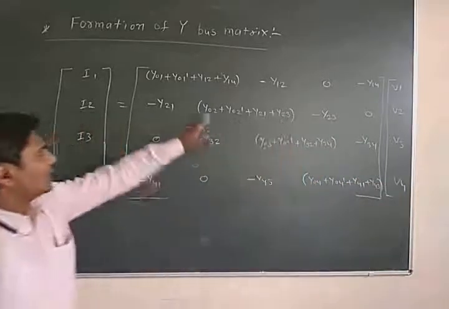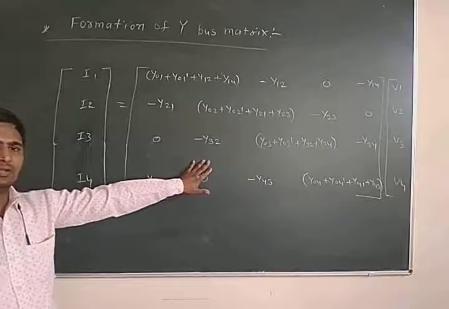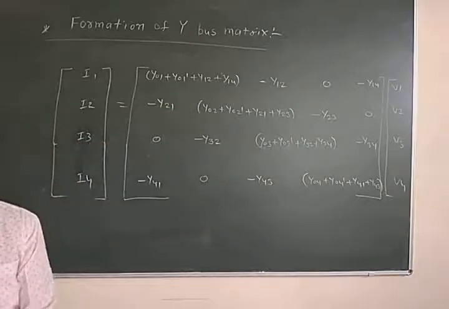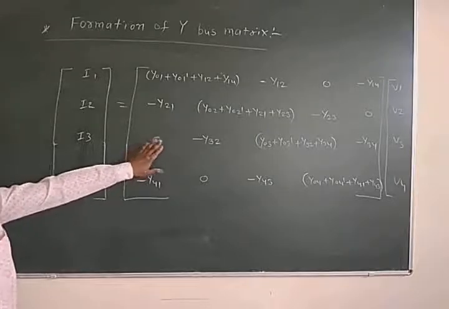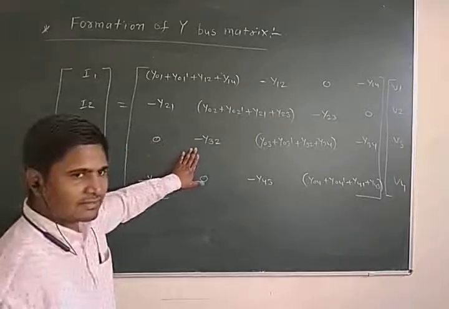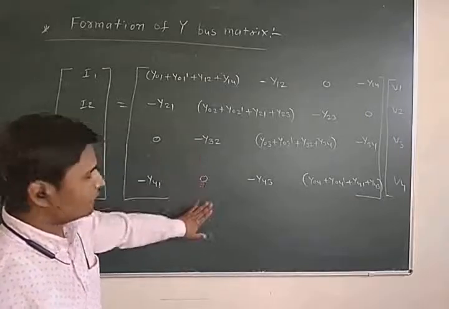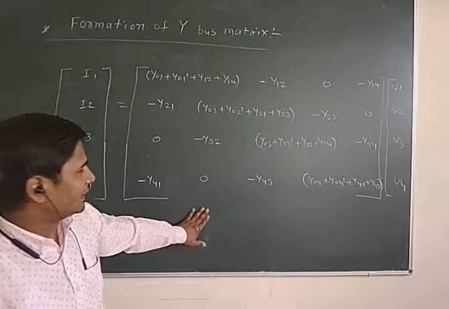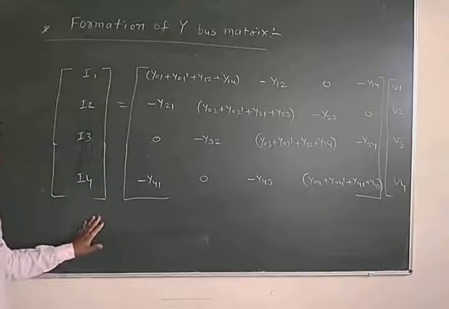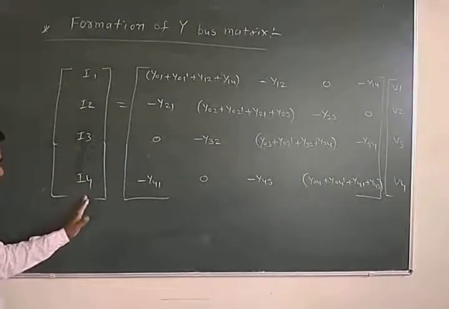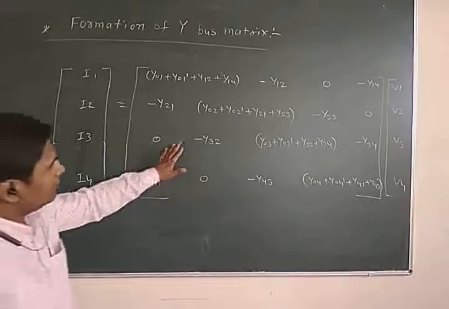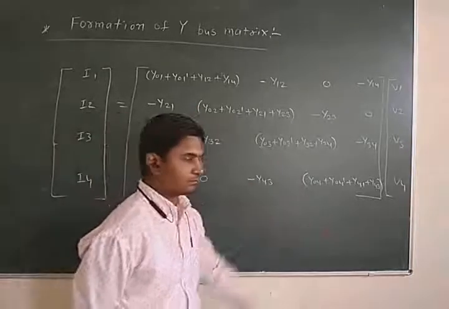So this is the admittance matrix for a 4-bus power system. This matrix is obtained using nodal analysis: we apply the KCL equation at each node and find the nodal equations. From these KCL equations we get the admittance matrix in this way.